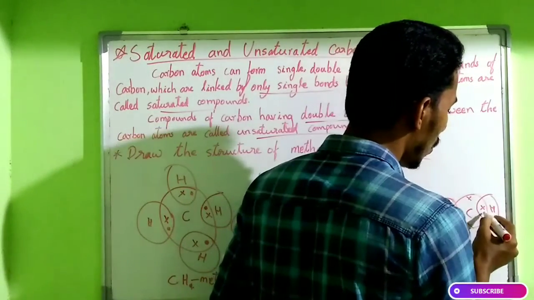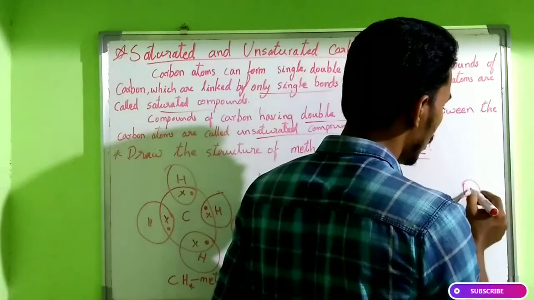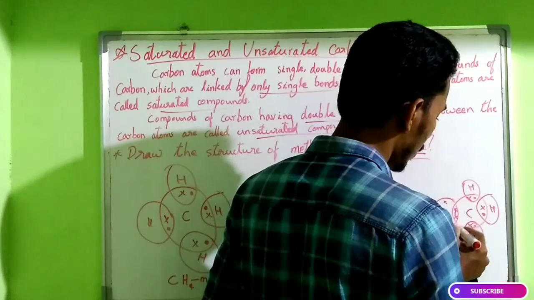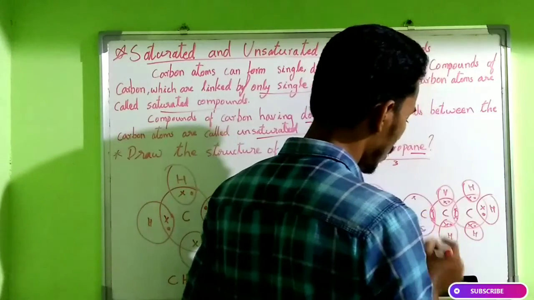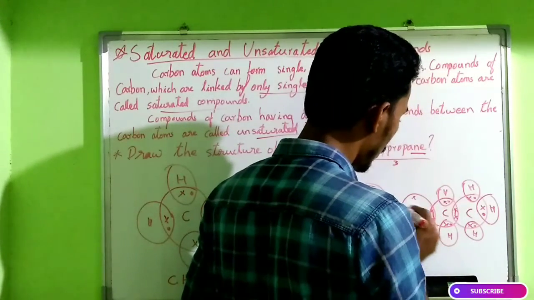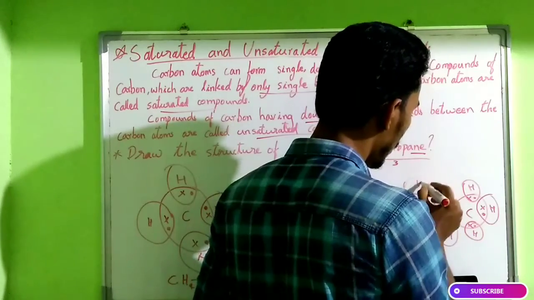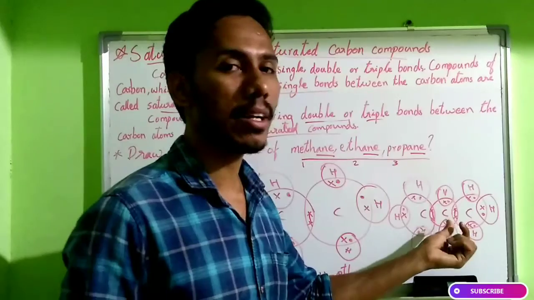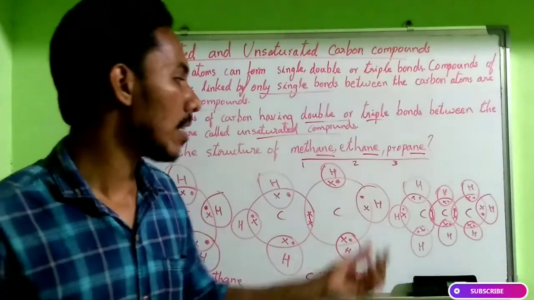I have to draw the hydrogen atoms here, here, here. So this central carbon atom has only 2 hydrogen atoms, and the others have 3.